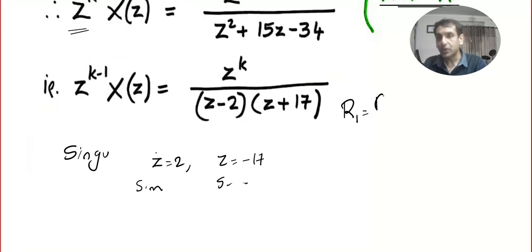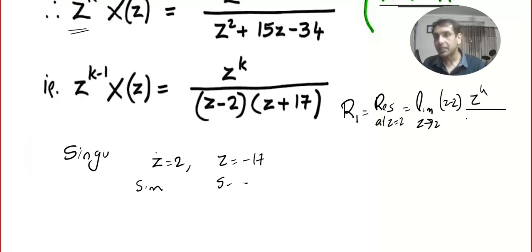R1 equal to residue at Z equal to 2. Do you still remember the formula? Limit Z tends to 2, Z minus 2 into Z power k by Z minus 2 into Z plus 17, cut, and this will become 2 to the power k, the whole divided by 19.